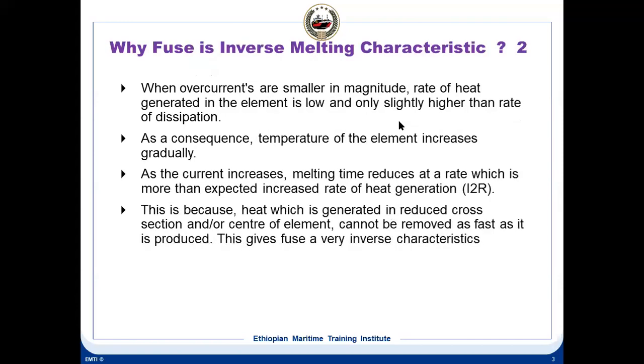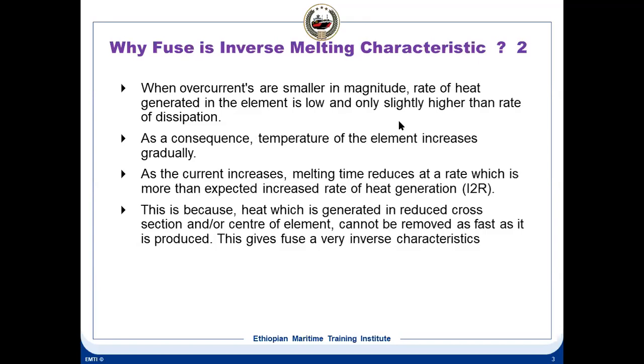Now, why is a fuse called an inverse melting characteristic? You see, inverse melting characteristic means when the overcurrent is of smaller magnitude, the rate of heat generated is also low. So it's only slightly higher than the rate of heat dissipation. As a consequence, the temperature of the element increases very gradually. But when the current increases, the melting time reduces, because there is an increased rate of heat generation, that is, power I squared R is more.